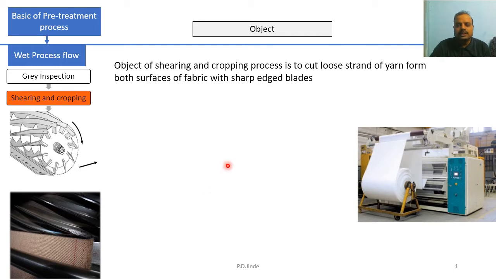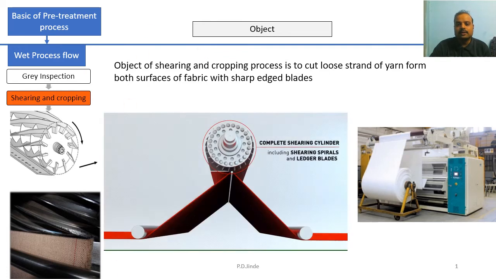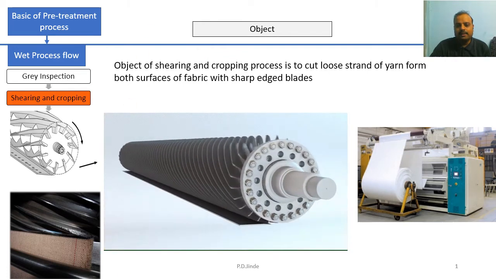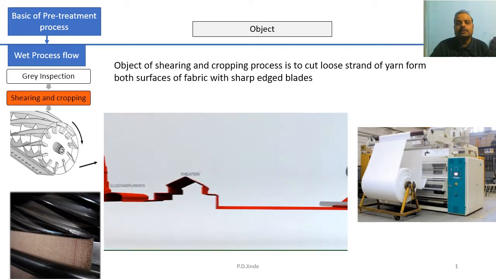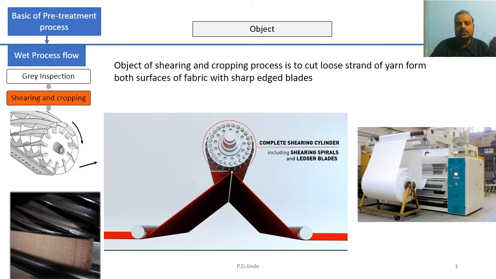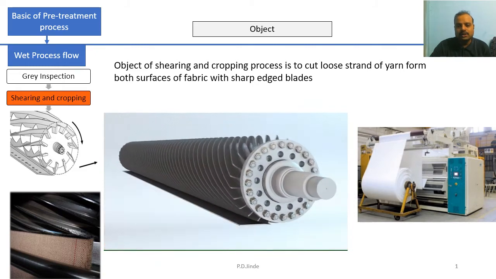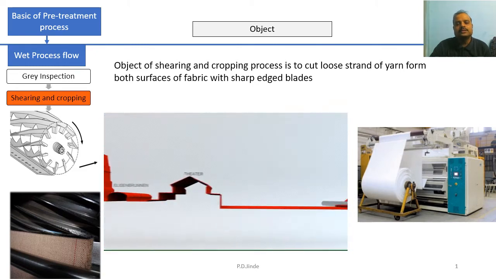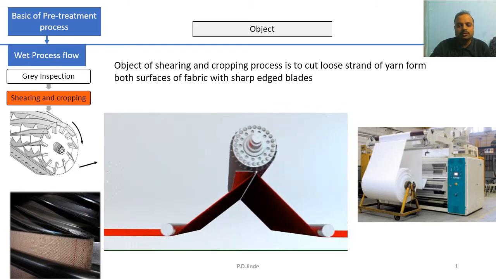So they need to be cut, and it is not possible to cut individual threads manually, and that's why we employ a machine named shearing and cropping. This machine has a simple working principle. You can see over here, this is a red color fabric, and there is a shearing roller which has a blade outside the surface of the roller, and exactly below the shearing roller, the fabric is passing in very close proximity to that blade.